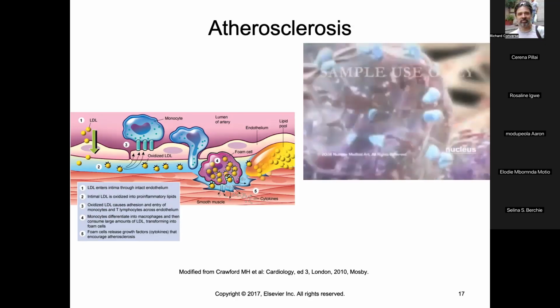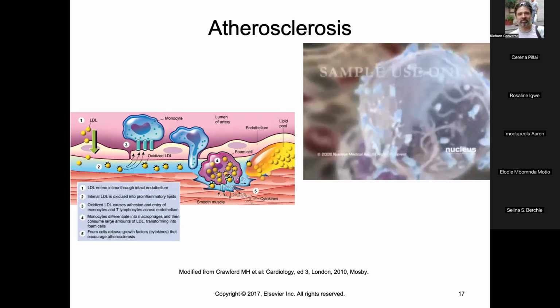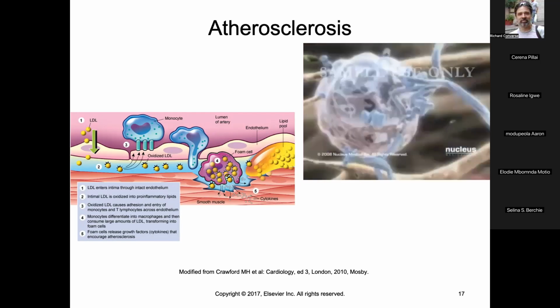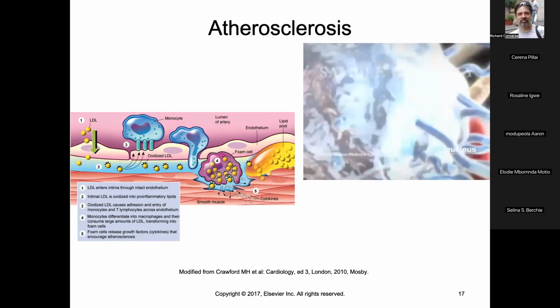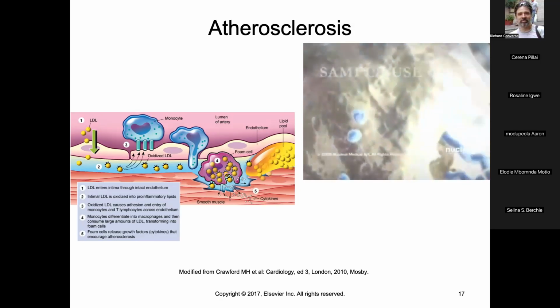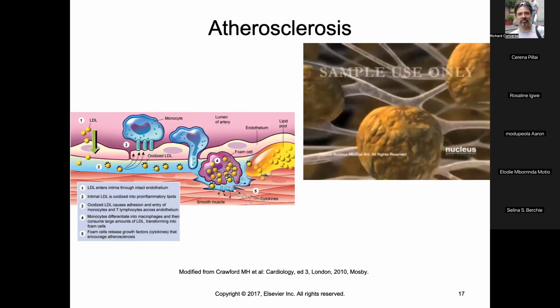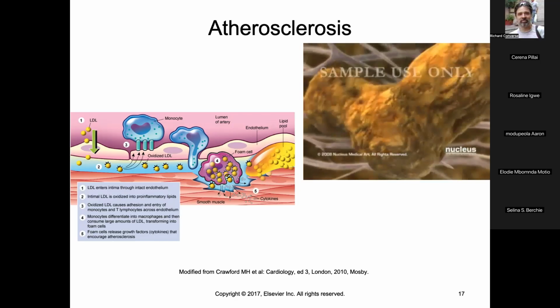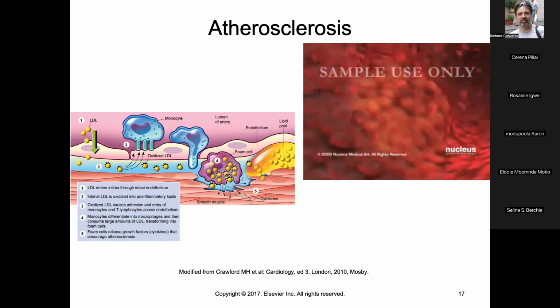Stimulation from oxidized cholesterol converts the monocytes into macrophages. The macrophages eat and digest the cholesterol molecules. As a result of this process, the macrophages change into foam cells, which accumulate to form plaque. As the plaque increases in size, the arterial wall thickens and hardens.